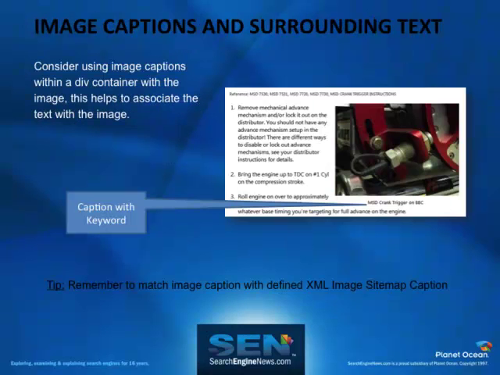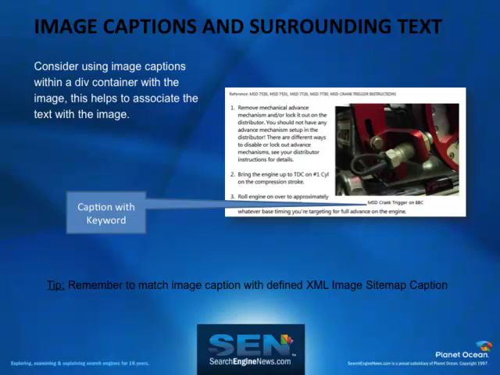Again, putting a caption near your image can definitely help in regards to ranking well for the image itself. What I like to do a lot of times is use a div container with the image, and that helps to associate the text with the image when it's wrapped within that div.